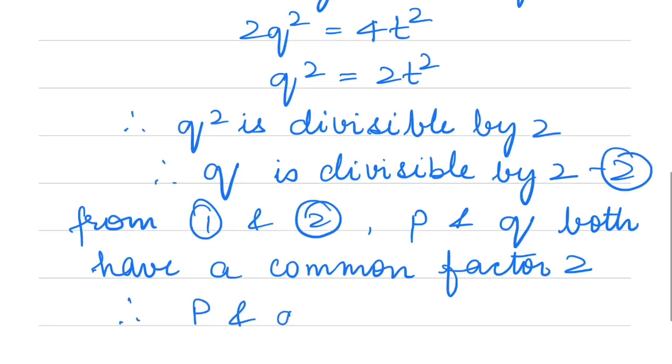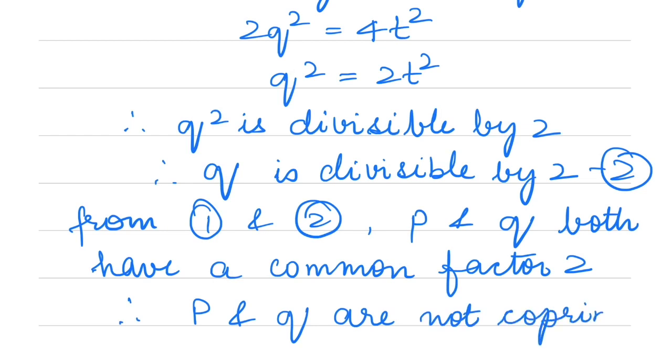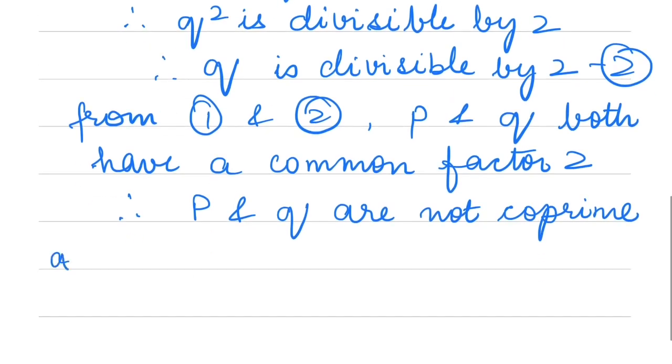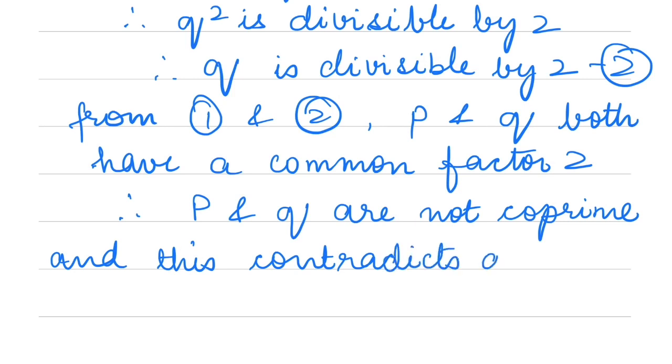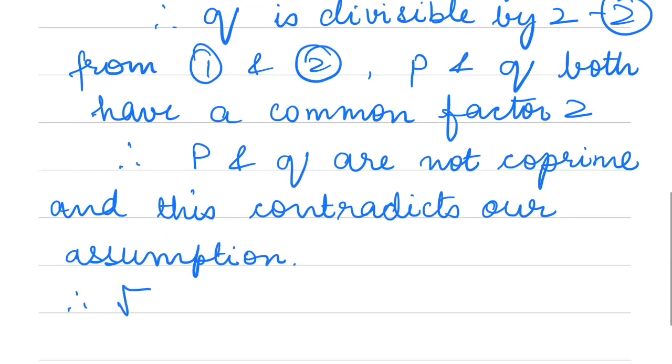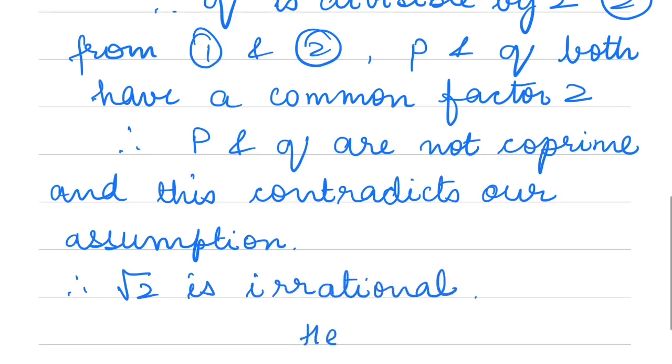Therefore, p and q are not co-prime, and this contradicts our assumption. Therefore, root 2 is irrational. Hence proved.